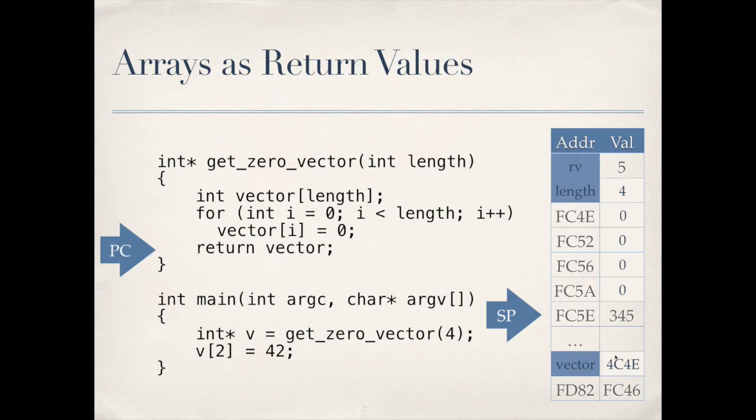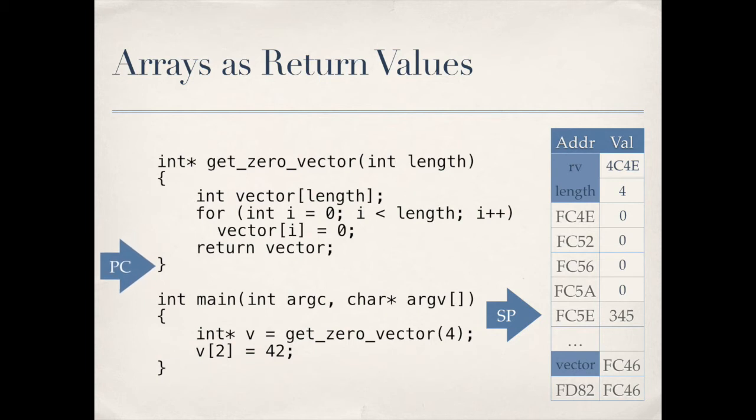We have vector, this is the value 4C4E, and since we return it, we have to store it up here in our reserved address return value, because the caller will then fetch this value of RV and store it down here into our V. So okay, this thing is copied up here, and now we're done.